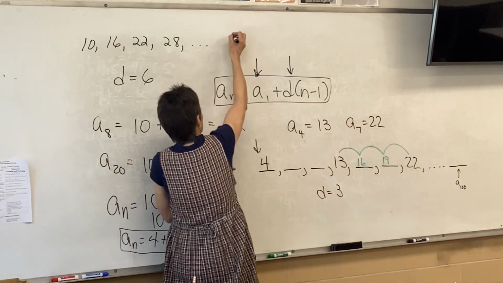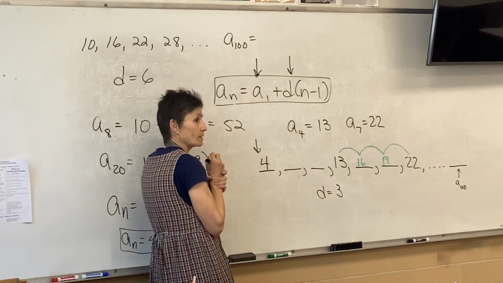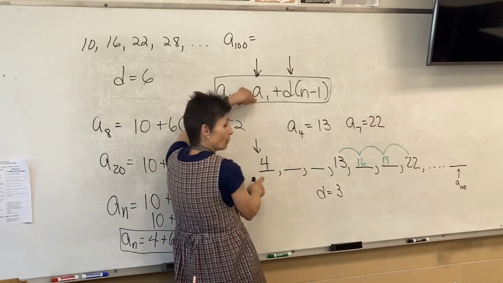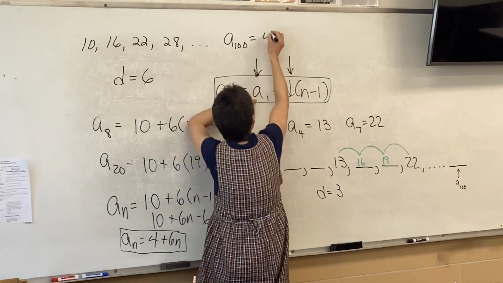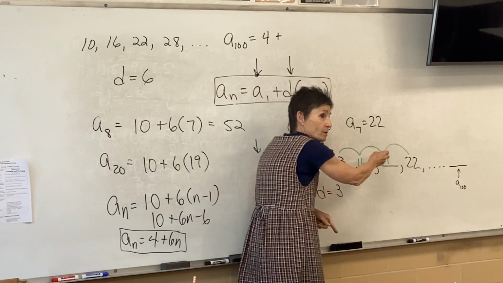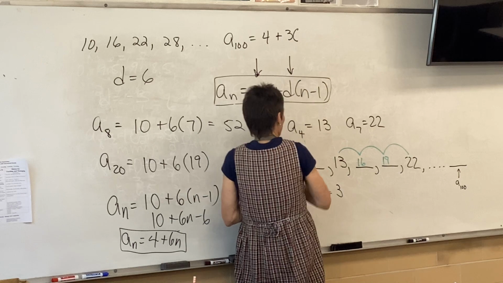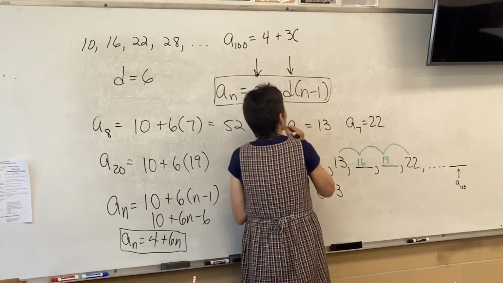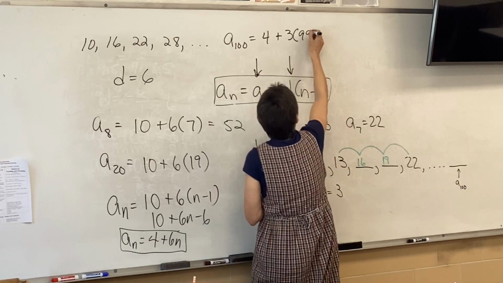The 100th term is going to be the first term, which you figured out is 4, plus the common difference, which you figured out is 3, times what? N minus 1 will be 100 minus 1, which is 99.